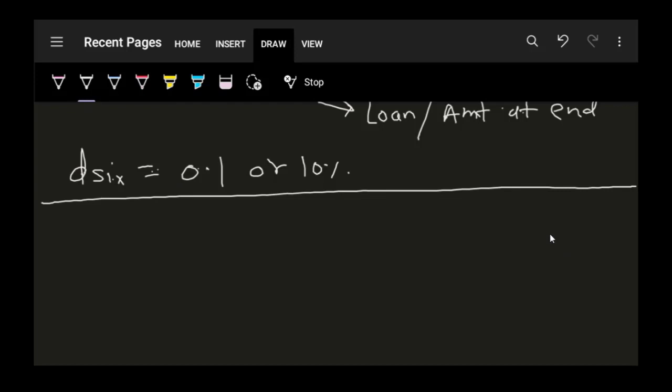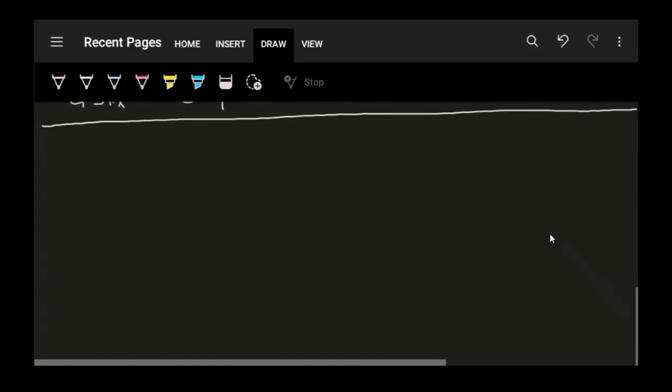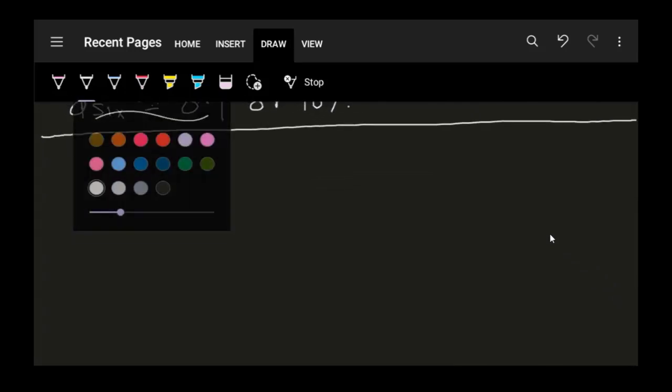So we see we can directly calculate these rates in a general way.